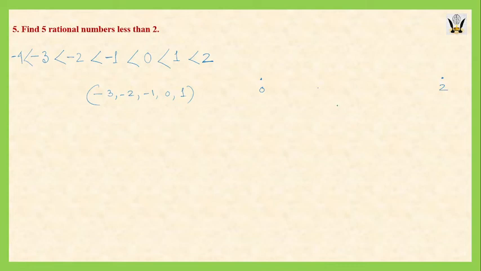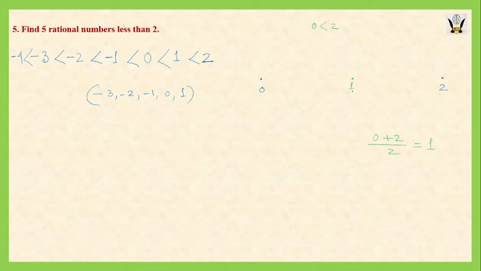Now if we want to know the mean value between 0 and 2, it can be found this way: 0 plus 2 divided by 2, and that value is 1, and that is also a rational number which lies between 0 and 2. So the mean value lies at the midpoint, in the middle between 0 and 2, and this value will be 1.